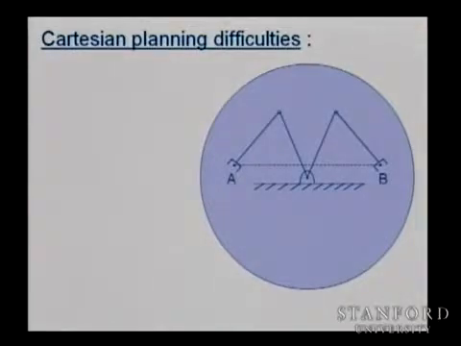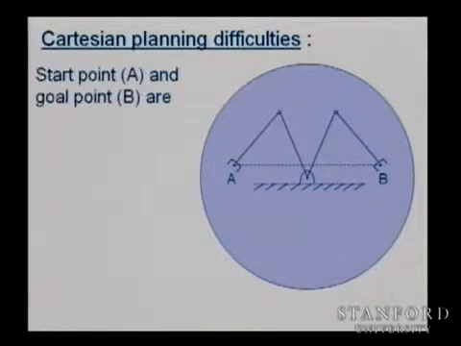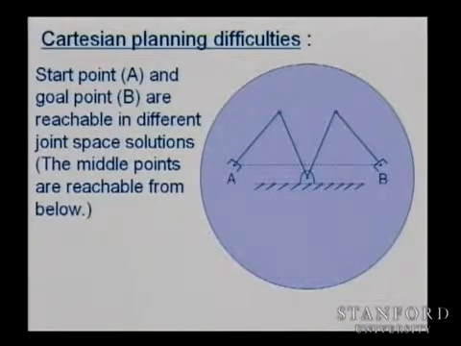So here is another example in which both points are reachable. Everything along the path is reachable without infinite velocities. However, the two solutions are actually reachable in two different joint space areas.